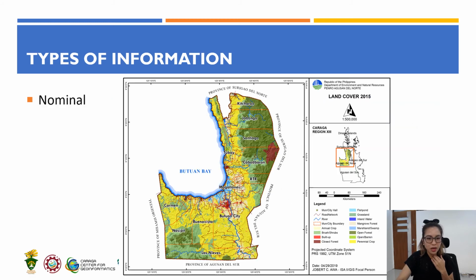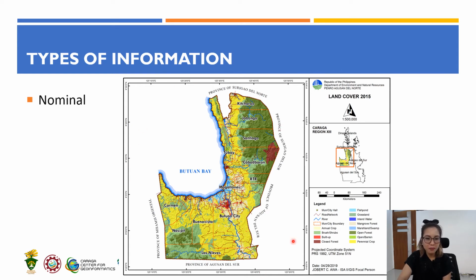Okay, and so this is an example of nominal data. This is a land cover from 2015, and we can see here that the map content or the map body is these colors right here.